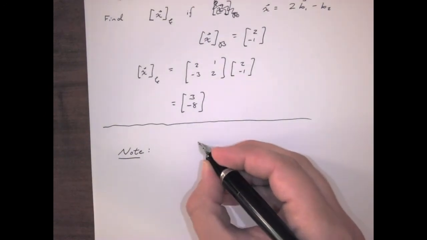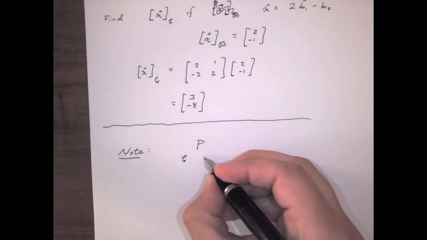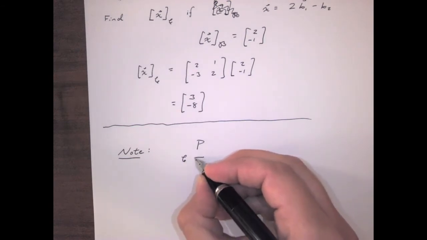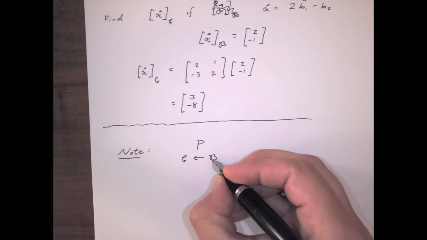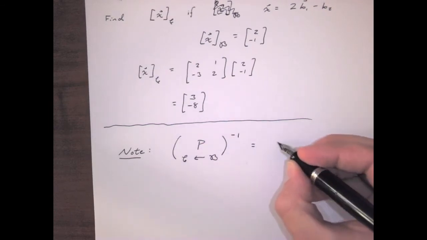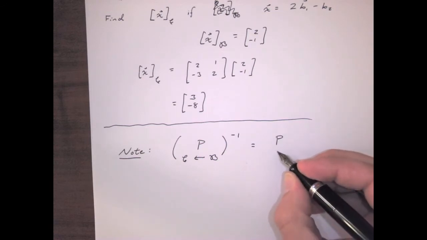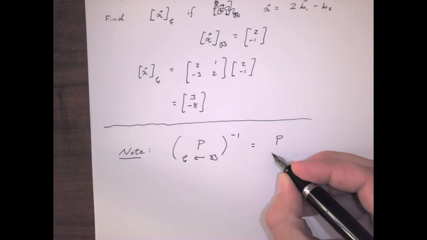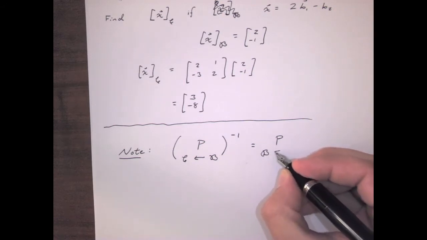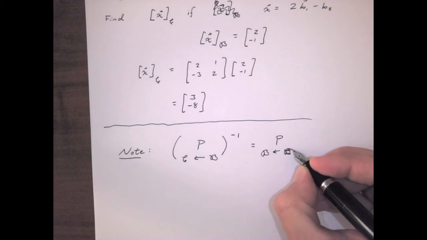So note, P from B to C, inverse, is the same as the matrix that would go the opposite direction. So P from C to B.